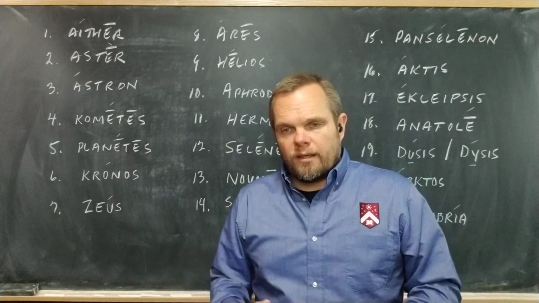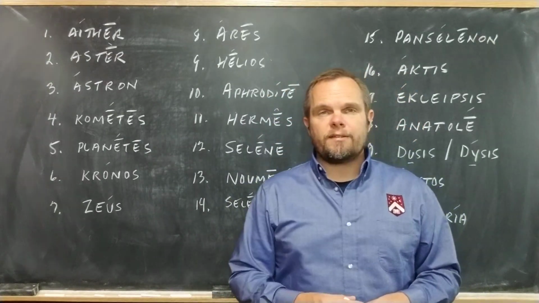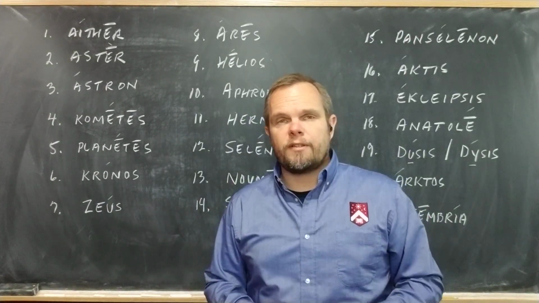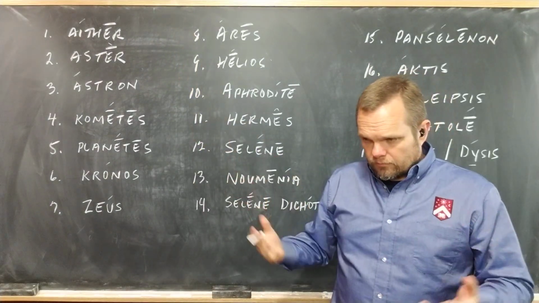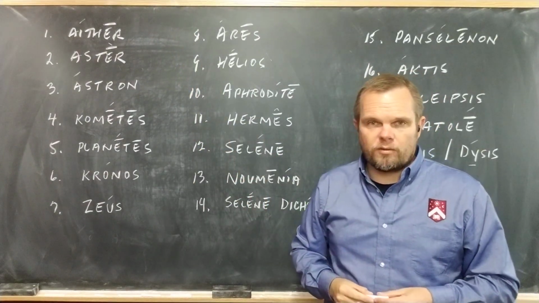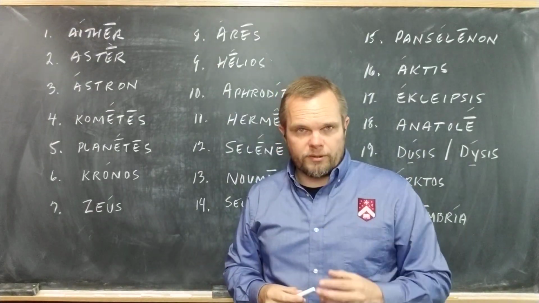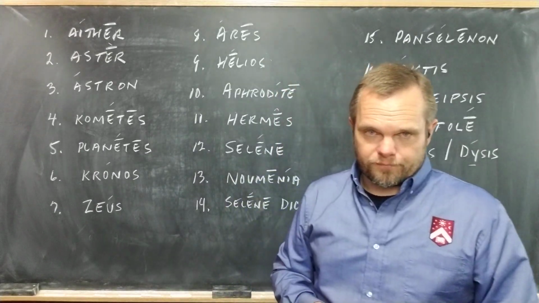So to try and save some time, let's just get right into this first list. As I said, it's on the heavens, and there are 21 words. The first English word is the sky, sky. Now, some may think of the word caelum as heaven in Latin, but the word we're going to learn in this lesson is ether, ether.